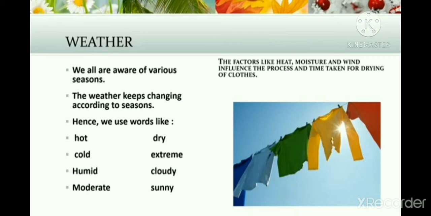In some areas, it takes half an hour or 1 hour to dry clothes. But in our area now, it is monsoon. As we are living in Maharashtra, whenever we dry our clothes, it takes more time than the usual time taken before, because of the less heat in our area.